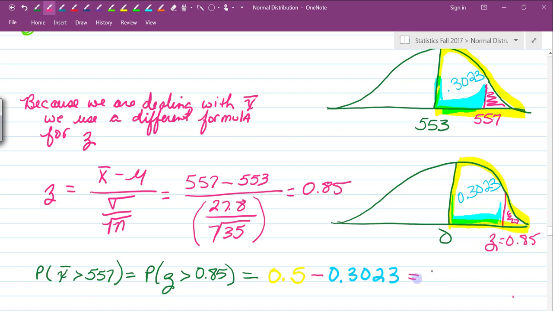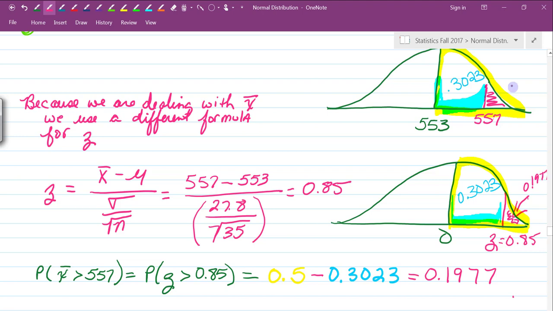So this area right in here is equal to 0.1977. Or right in here, same thing, 0.1977. So that is our answer, 1977.